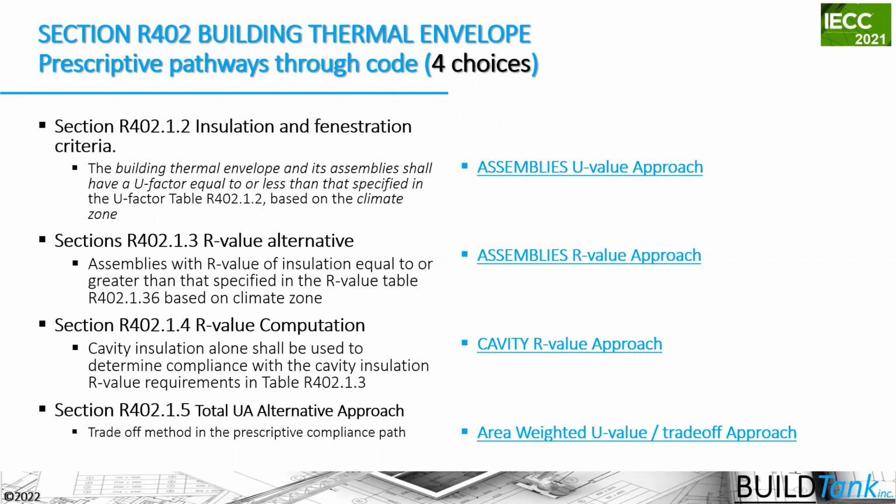The reality with the prescriptive pathways is that the R value table, or the cavity R value approach, is the approach that is actually most commonly used, or the area weighted U value approach using a software like ResCheck or RemRate or Ecotrope to demonstrate that the area weighted U values actually work there.